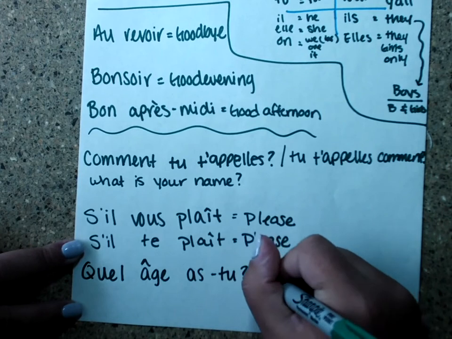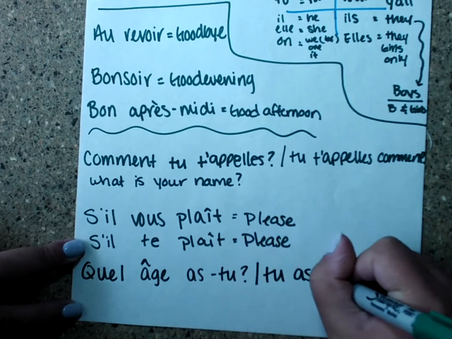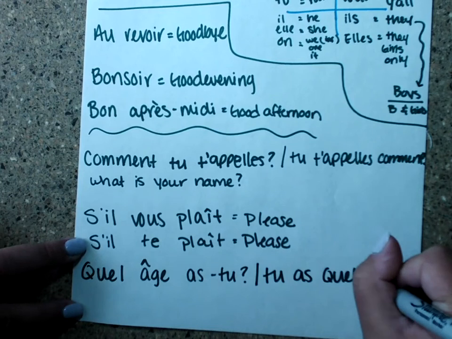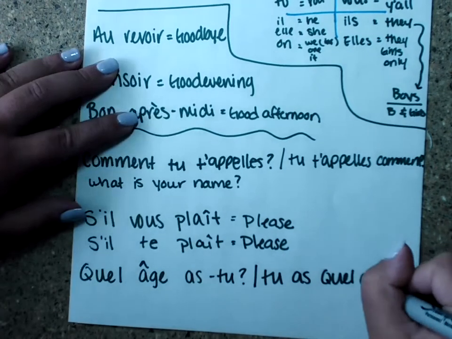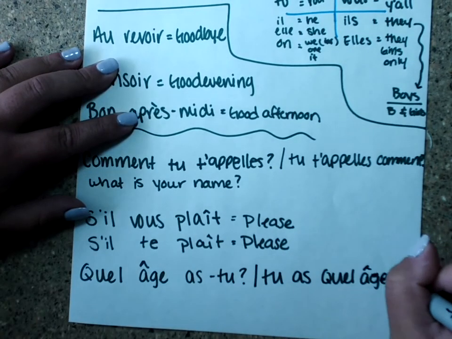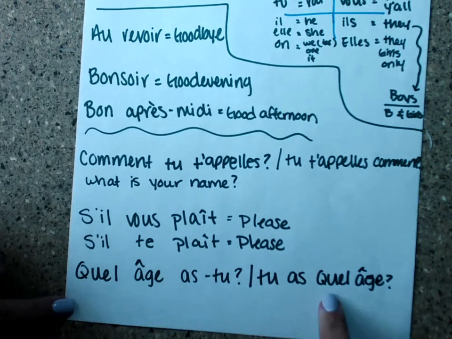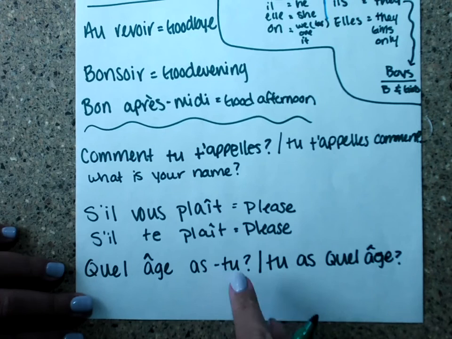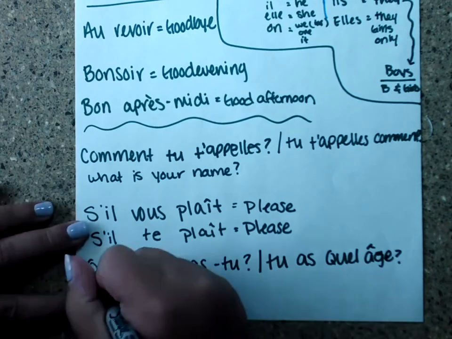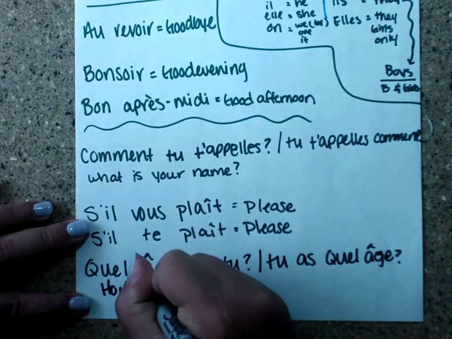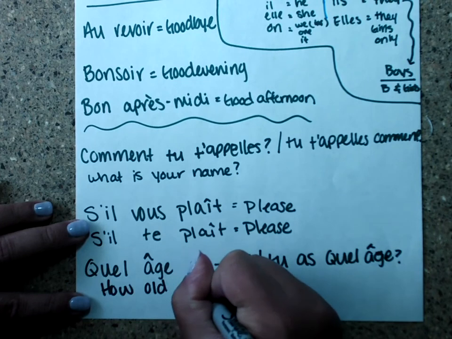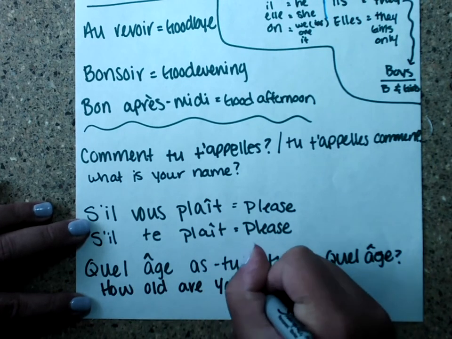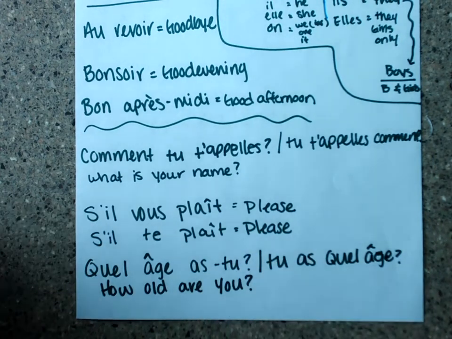Or tu as quel âge? Tu as quel âge? It means the same thing. You just can switch some things around in French. So quel âge as-tu or tu as quel âge, which means how old are you?